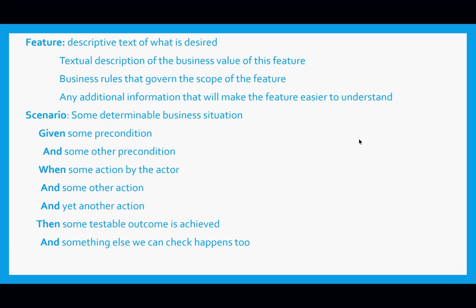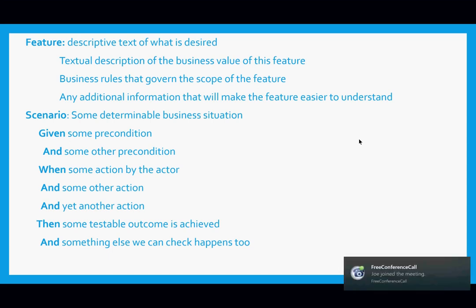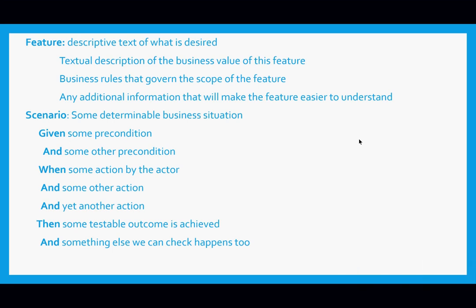Because you are trying to test a particular scenario, you will have some outcome that you are expecting, which you're going to assert or verify that it happens. And if you have more than one outcome that you want to establish, then you would put an and clause in there so that you can put them together. So this is the standard layout.